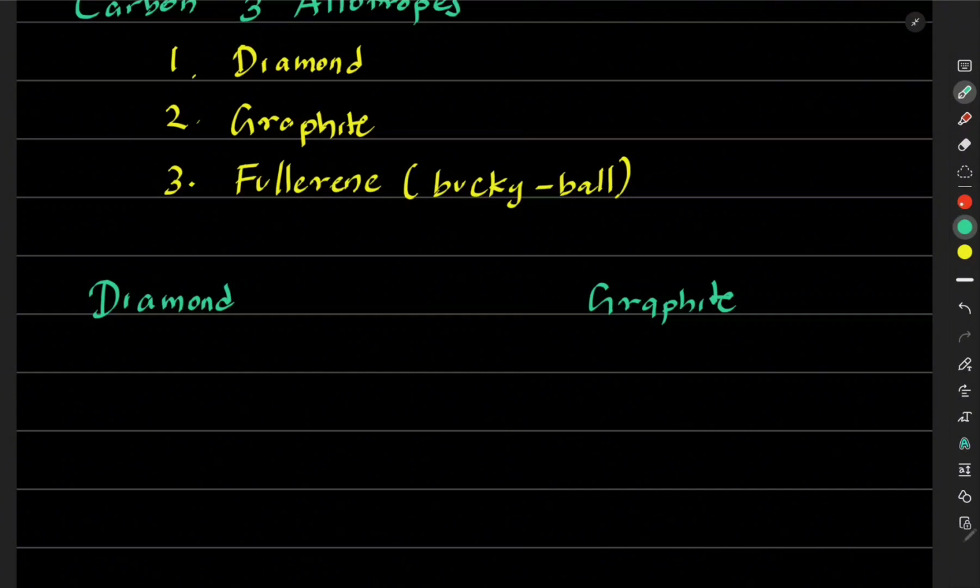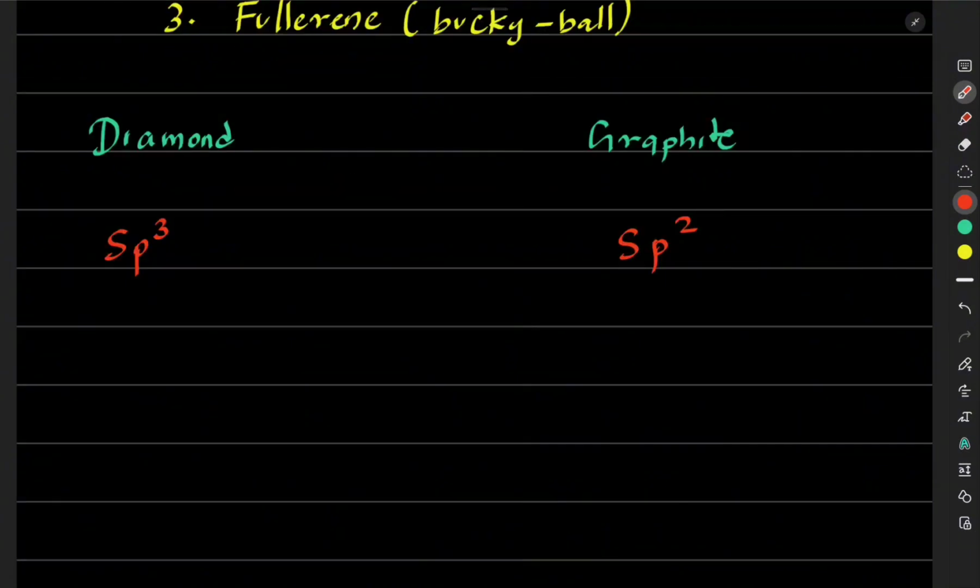The diamond is sp3 hybridized, graphite is sp2 hybridized. Diamonds are tetrahedral in shape, and 3D. Graphite is a two-dimensional, 2D layer.